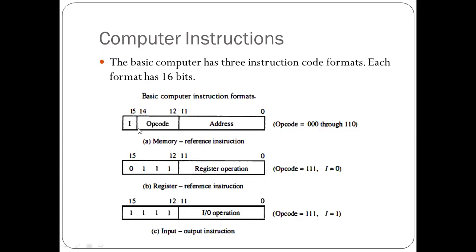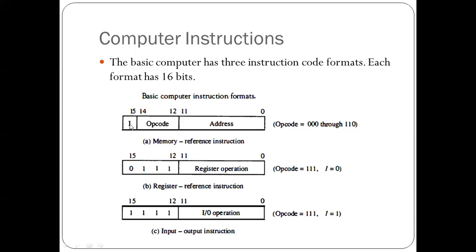If the subsequent bits 12, 13, 14 are not all ones, if they have any value from 000 to 110, then that type of instruction is said to be the memory reference type. So the next least significant 12 bits refer to a 12-bit memory address.